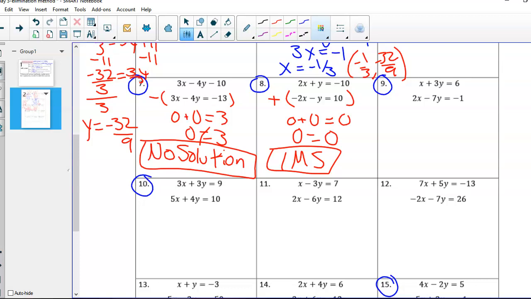Let's say I wanted these to be the same. How could I make this x be the same? What would I do to it to make it a 2?